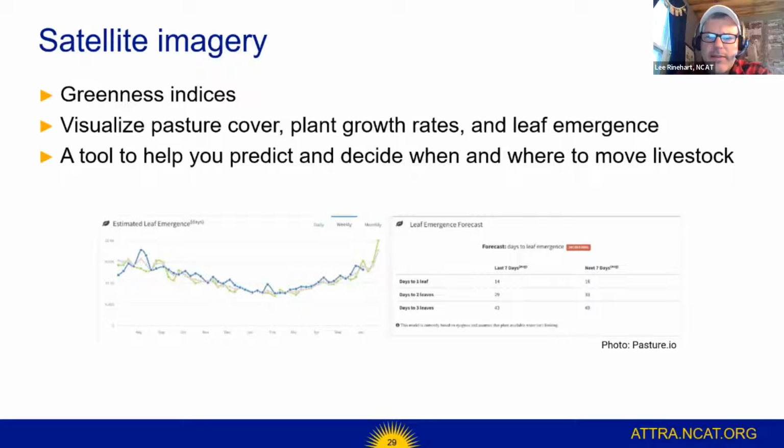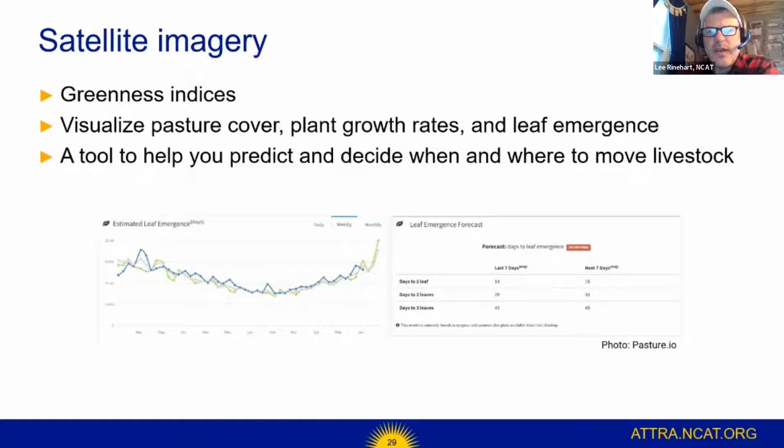The cool thing about this is that Pasture.io uses four different vegetation indexes, right? They use one called NDVI, which is comparing your near infrared and red light. And so this is a system that measures for healthy green vegetation.